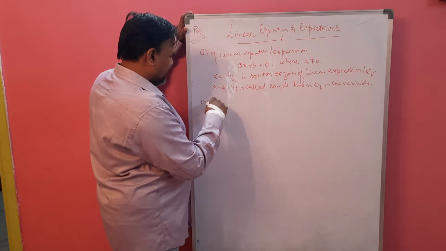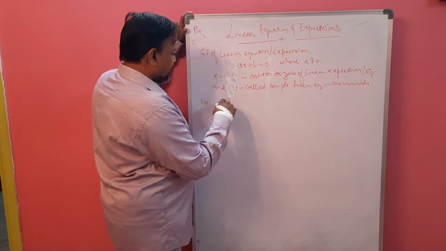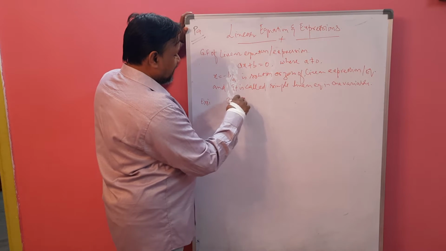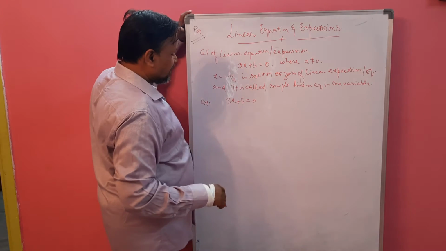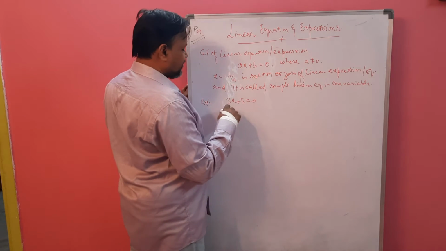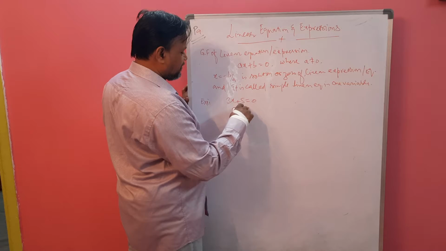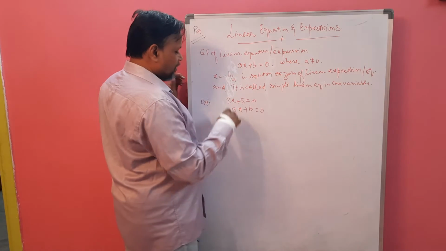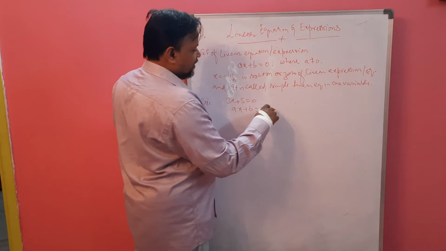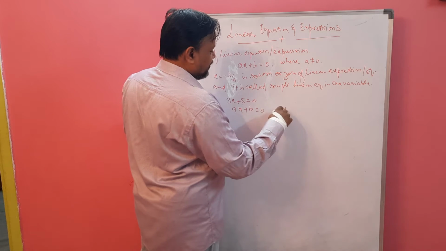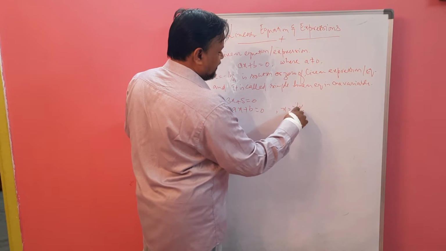Example we are taking here. Example 1, 3x plus 5 equal to 0 is a linear equation. It is in the form of ax plus b equal to 0. The solution of this, we know that x equal to what? Minus b by a.